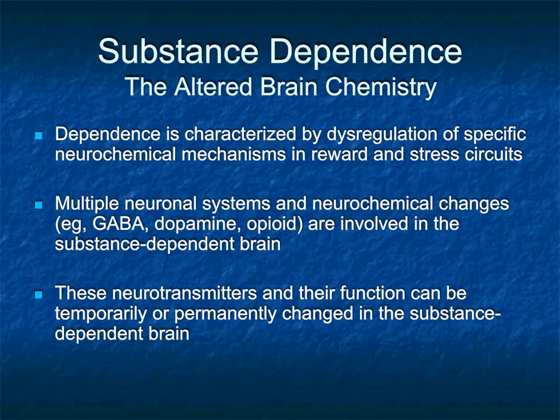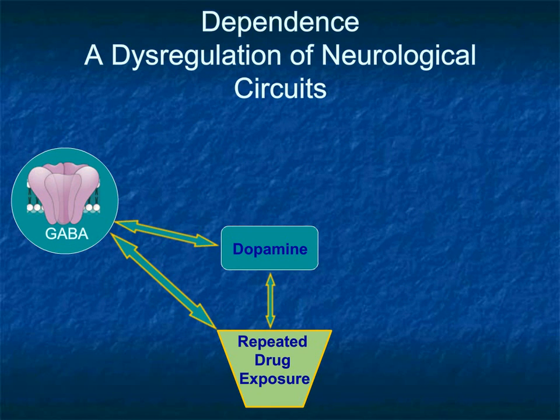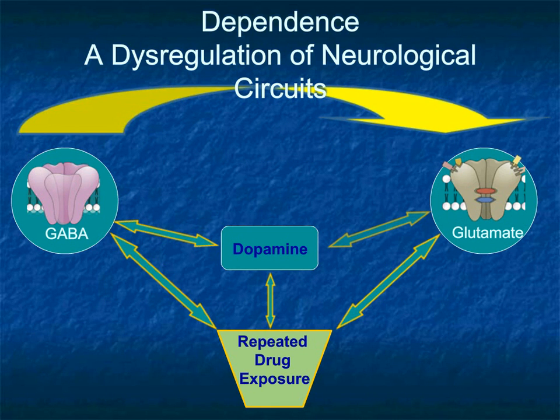I'll go over that briefly in a minute, and also dopamine levels in various parts of the brain are very important in addiction. So the difference between somebody who's addicted and somebody who is just intoxicated is the fact that the brain doesn't come back to normal, what we would call normal, in somebody who is drug dependent.